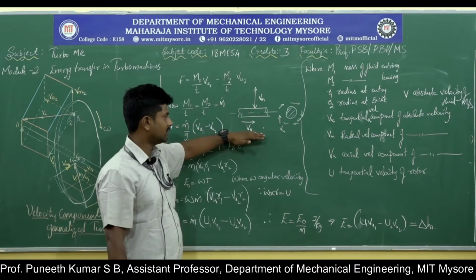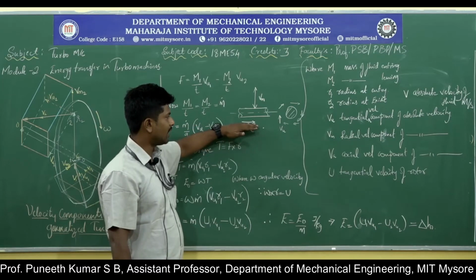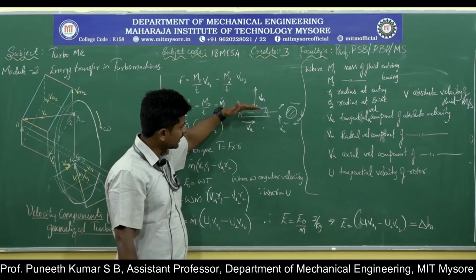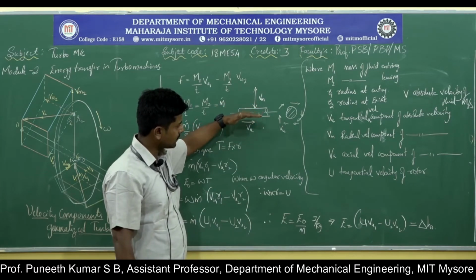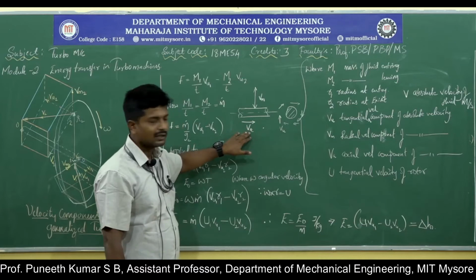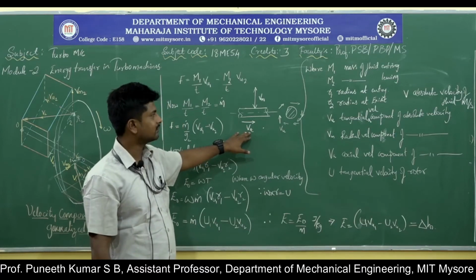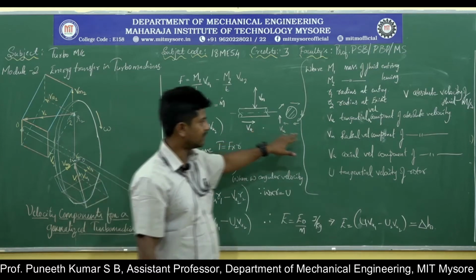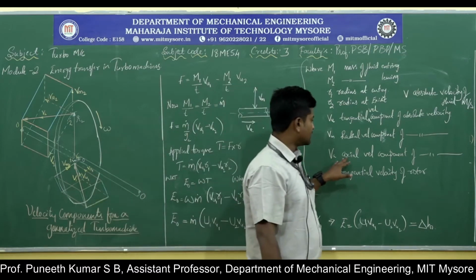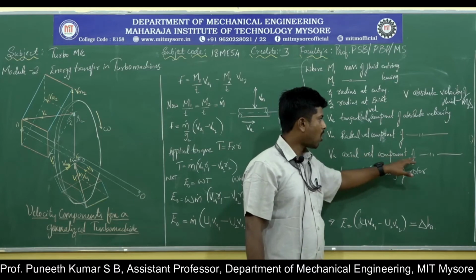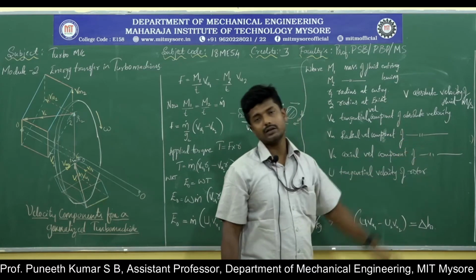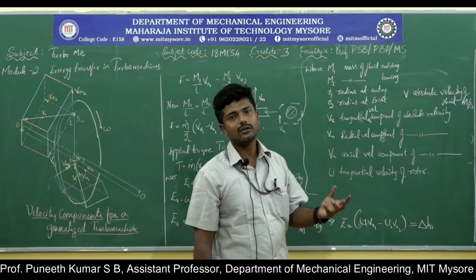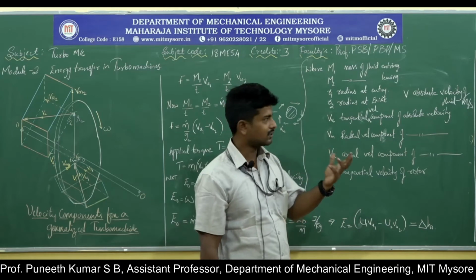The very first one: after resolving, if the direction is exactly parallel to the axis of the shaft, then I can call it the axial velocity component of absolute velocity. Here we have written it: axial velocity component of absolute velocity. It is the resolved component of absolute velocity.